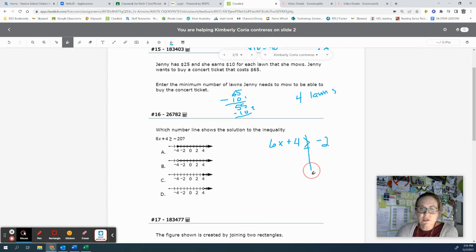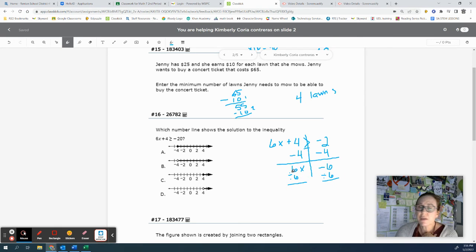So let's go ahead and solve this. We've got x's over here, numbers over there, so we're going to subtract 4, or add negative 4. Basically, that comes to negative 6, and we've got 6x over here. Now we need to get rid of that 6. We're going to divide by positive 6.